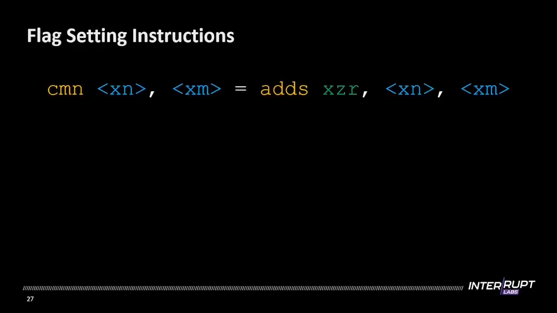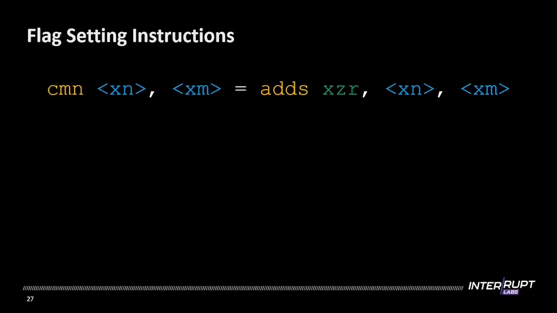Now, CMP and SUBS are not the only instructions that set flags, and we're going to look at a few of the other ones here. Just be wary that the branch conditions only really make intuitive sense when you're dealing with the subtraction operation. So first there is CMN, which stands for compare negative, because you can make the conditions make sense if you think of the second operand as being negated before the comparison.